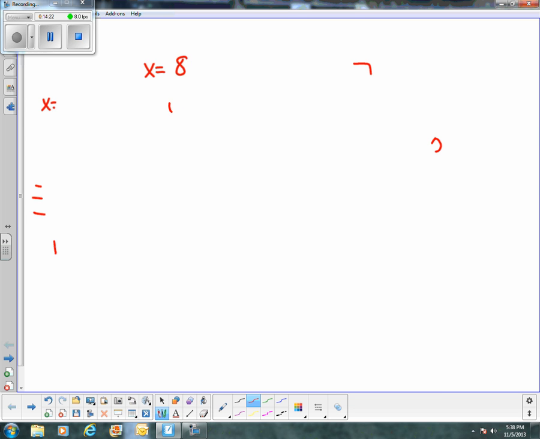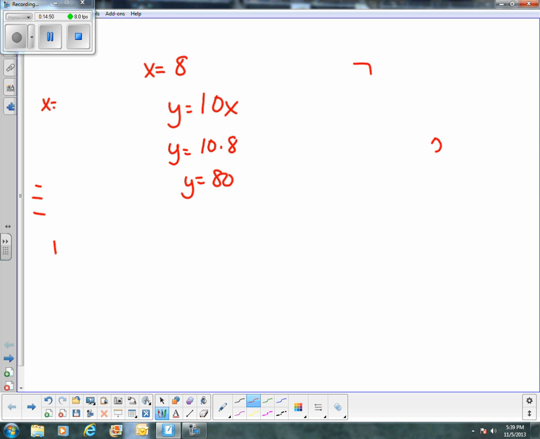So we're going to use y equals 10x. That was our equation from above. And now we simply put 8 where the x is. So y equals 10 times 8. y equals 80.